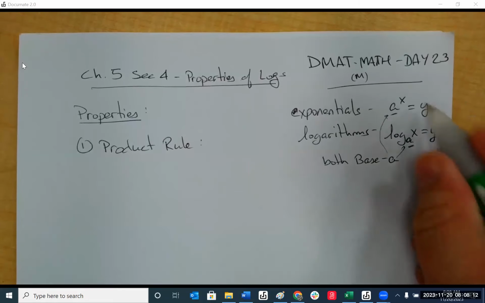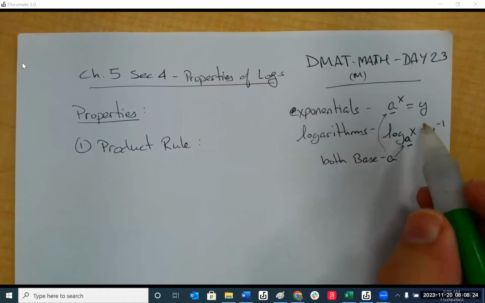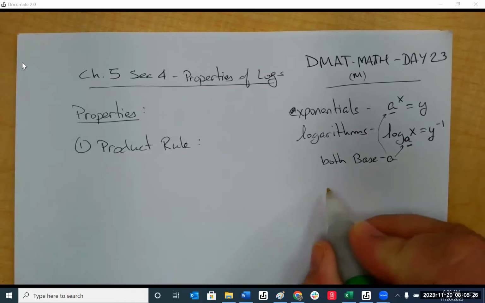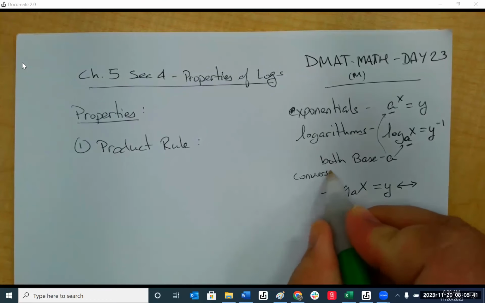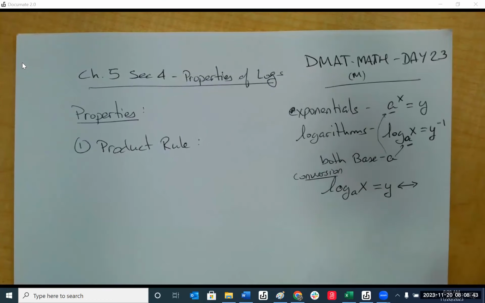Because of how these are related, this is actually the inverse. The logarithms are actually inverses of exponentials. So they're inverses of each other. The conversion from logarithmic to exponential: the base has to remain the base.